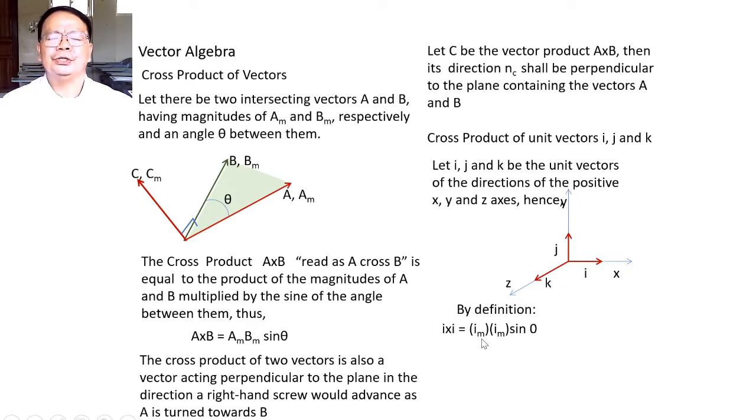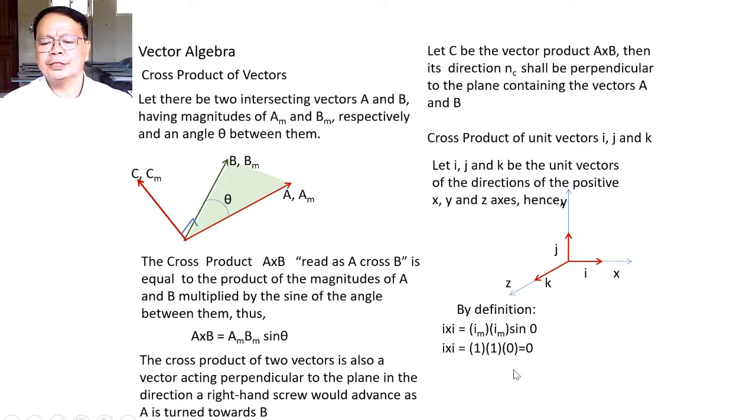And if the magnitudes of i and the sine of the angle 0 are substituted in this equation, then the cross product i cross i will be equal to 1 times 0, which shall be equal to 0.